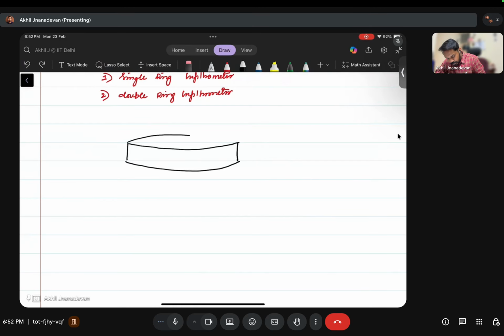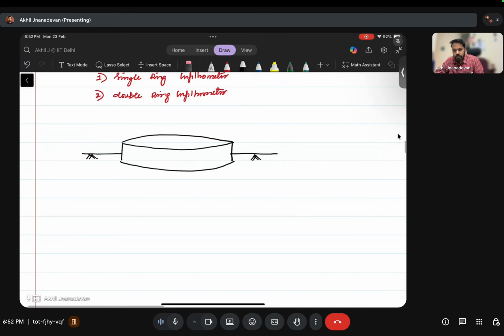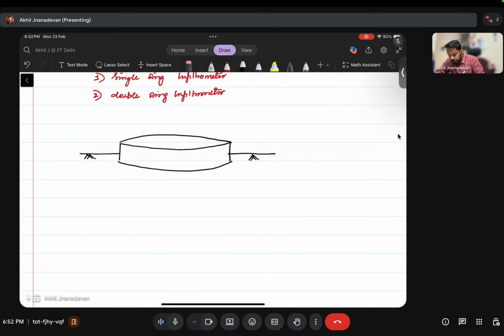What we'll do is insert this into the ground. We will hammer it into the ground, around 15 centimeters, and we will fill this with water.